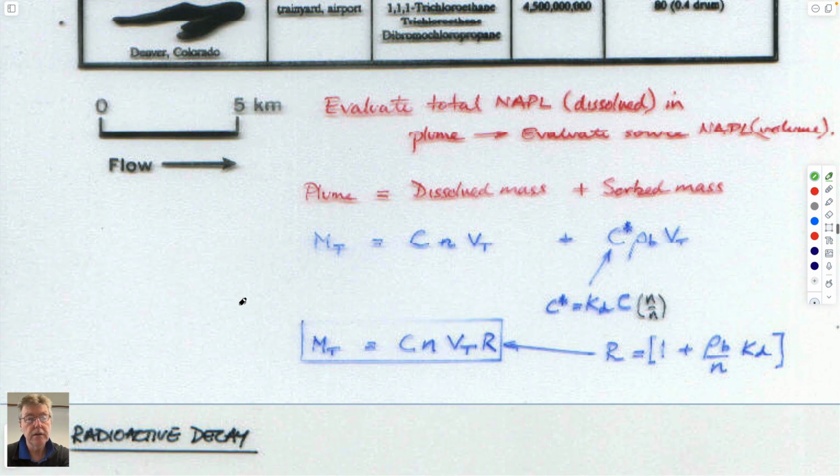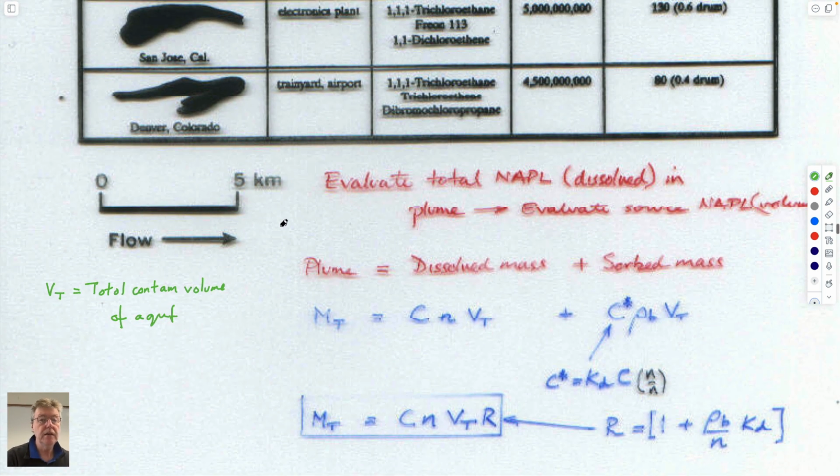Well, in theory, you could get the total mass by just having the total volume of the aquifer. So VT equals, I guess, total contaminated volume, so it would be this area multiplied by the depth, right?